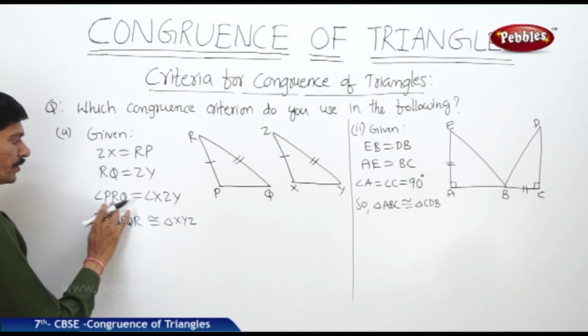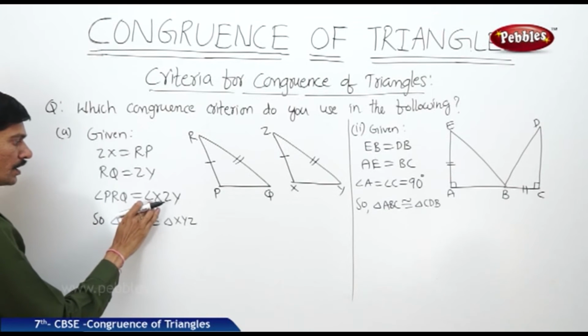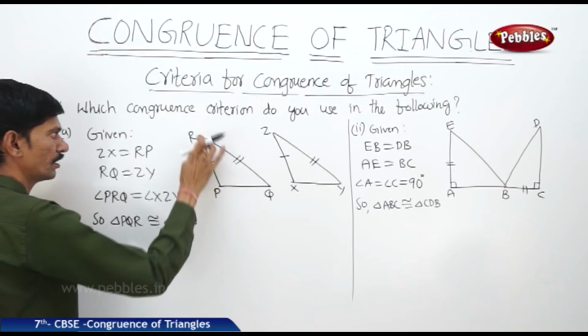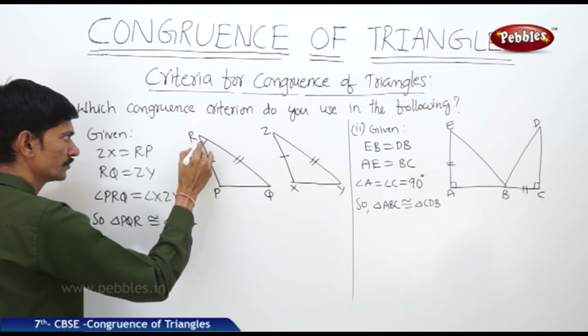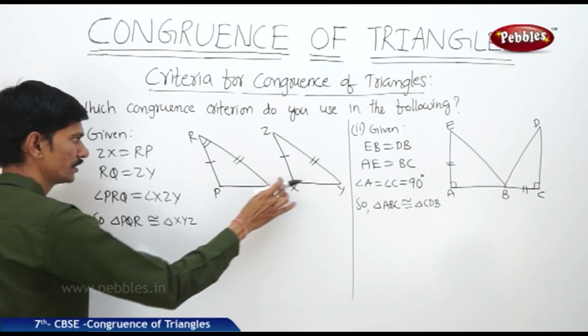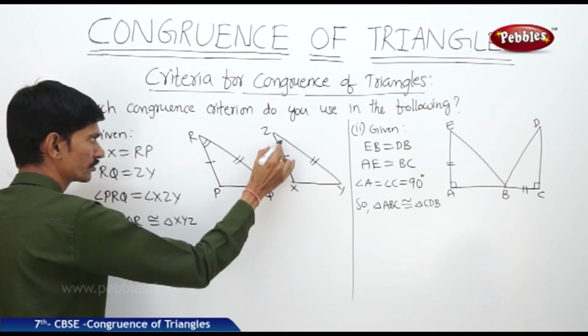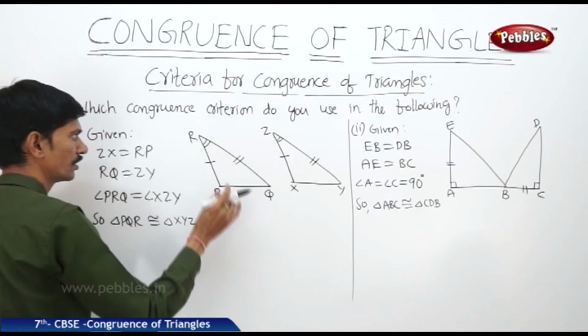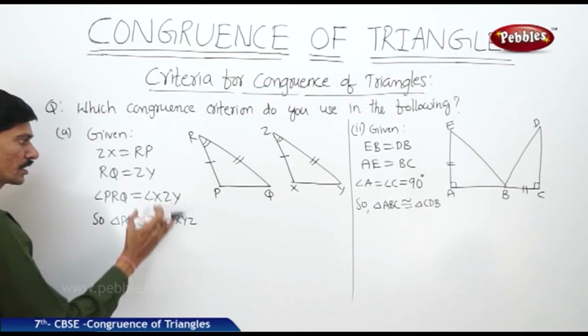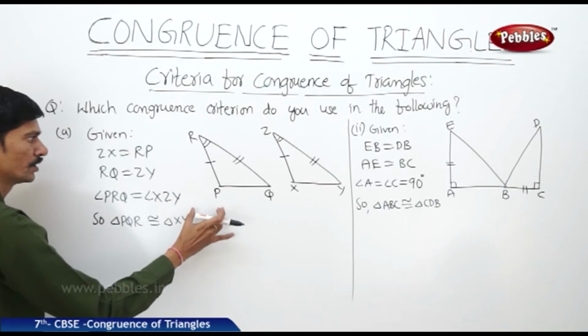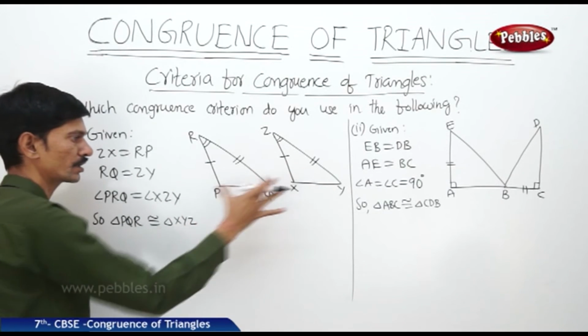Next, angle PRQ equals angle XZY, so these two angles are also equal. Now which congruence criterion can we use so that these two triangles are congruent?